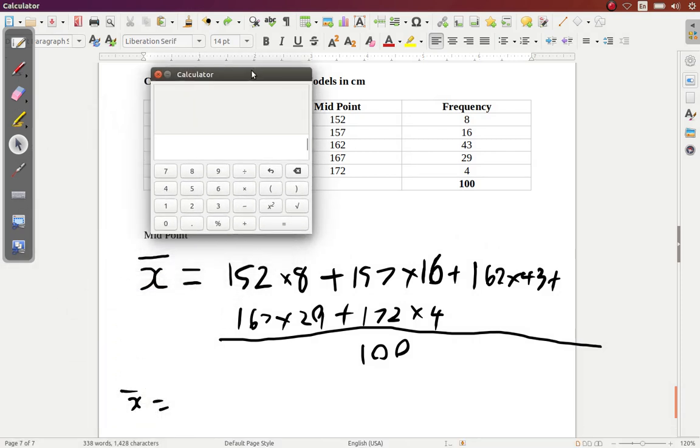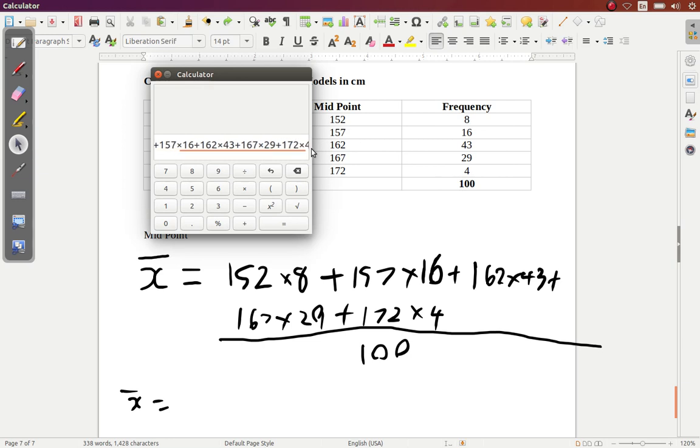So we have 152 by 8 plus 157 by 16, plus 162 times 43 plus 167 by 29 plus 172 by 4.